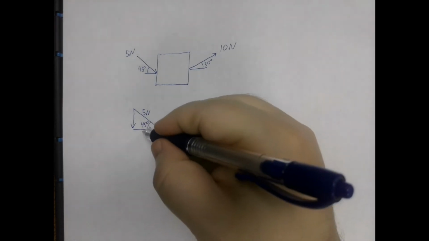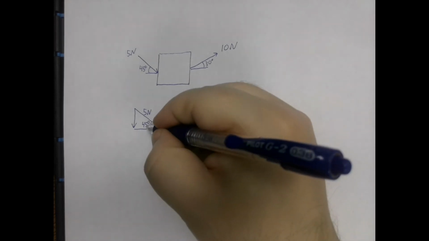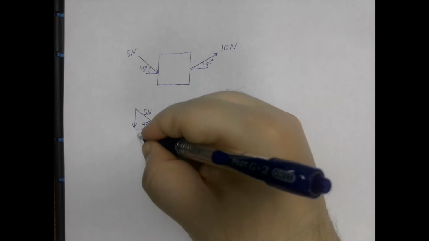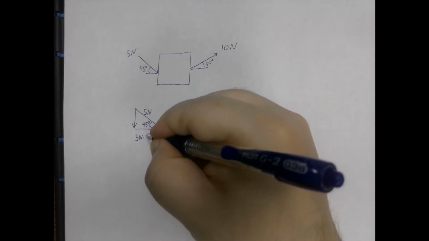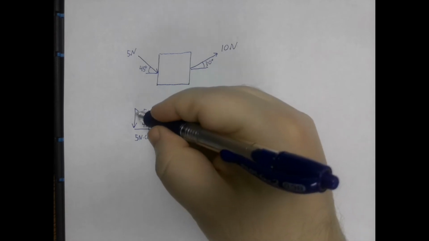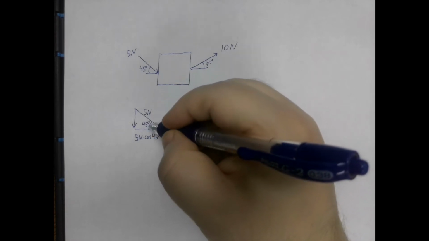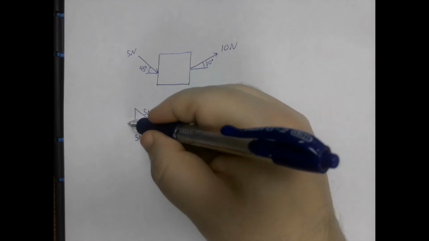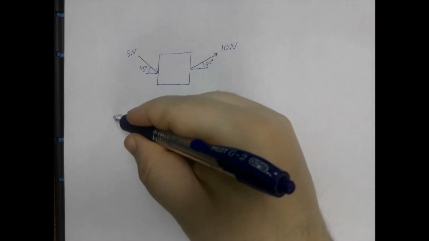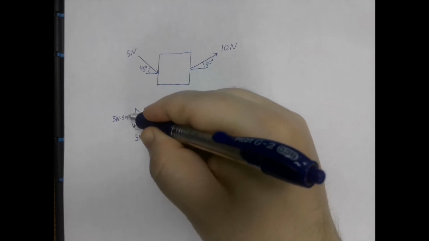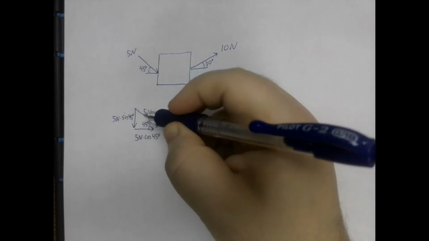The right component, since it is adjacent to the angle, will be equal to 5 newtons times cosine of 45 degrees. The vertical component would be equal to the sine, so 5 newtons times sine of 45 degrees.